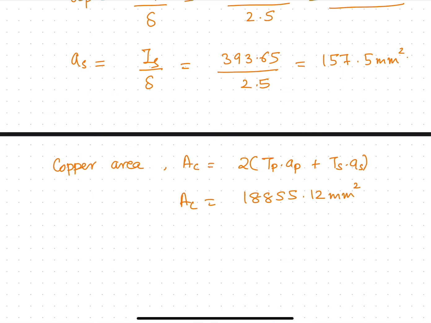So from this we can calculate AW, which is AC over KW, which comes out to be 67339.71 mm squared.